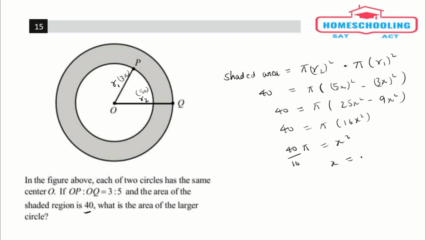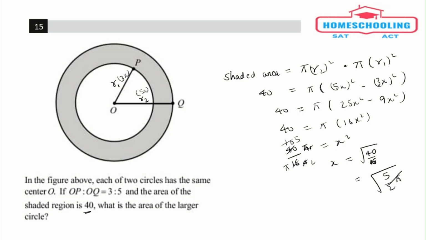If we want, we can put it as x square equals 40 by 16, which can also be written as 5 by 2 under root, and the pi goes on that side.